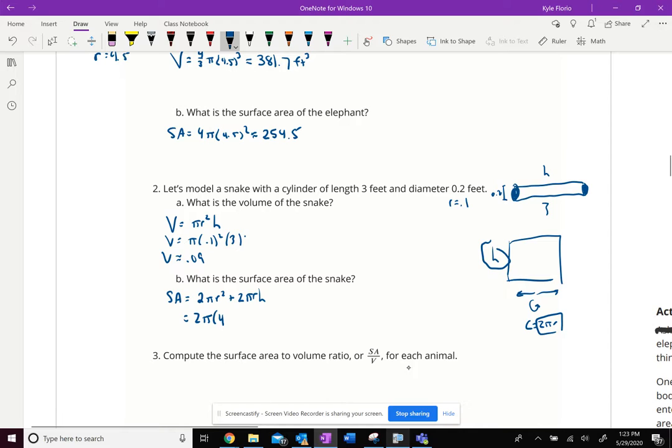Anyways, once we know the formula, just plug it in. Oh, the radius is not 4.5 anymore. It's 0.1, plus 2 pi r, and the height is 3. 3-foot snake. Let's put that in the calculator.